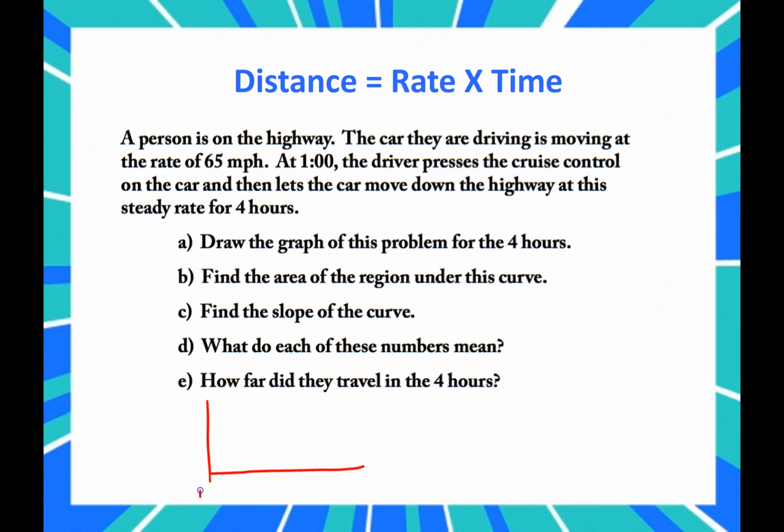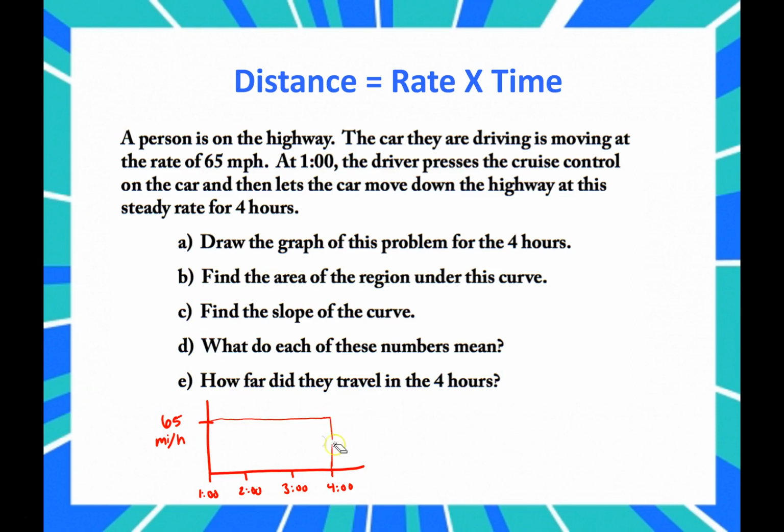We'll call this 1 o'clock, 2 o'clock, 3 o'clock, 4 o'clock. Okay, and then we're going to talk about going 65 miles per hour. All right, well, we're going to press cruise control, so we're going 65 miles per hour this entire time.